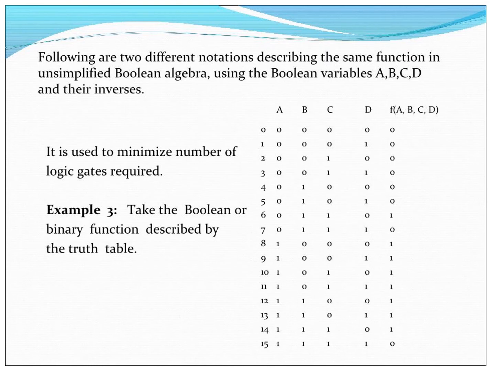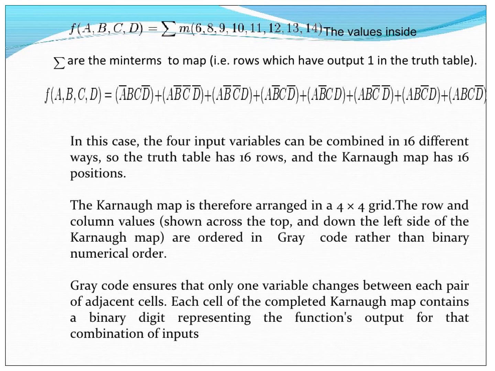The combinations which have the output 1 are represented by what are known as min terms or minimal terms, and it is represented as function f of a b c d is equal to sigma m within the bracket 6, 8, 9, 10, 11, 12, 13, 14 because these are the positions where the min terms are equal to 1.